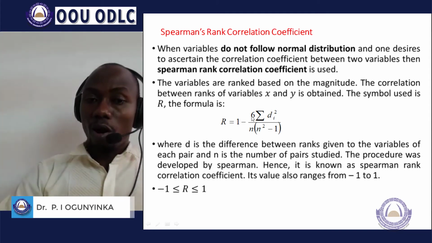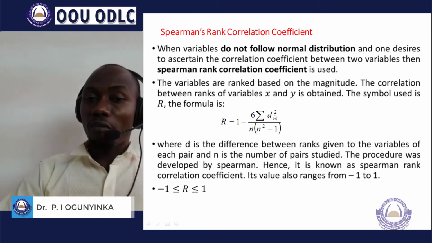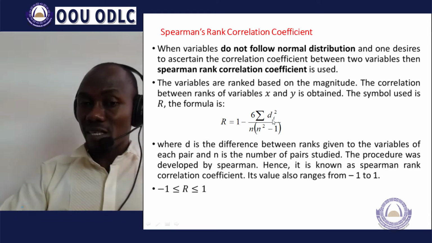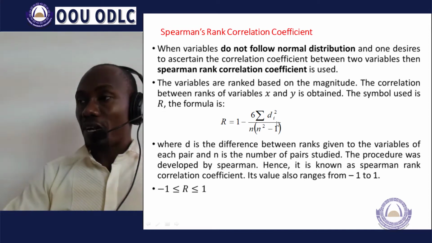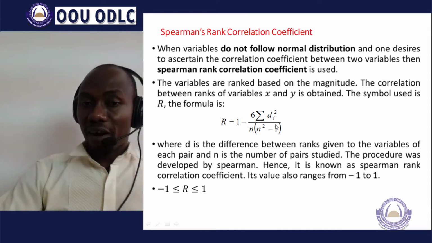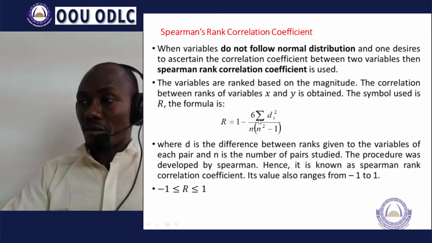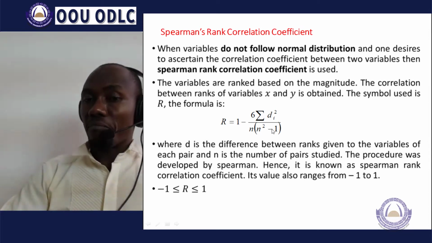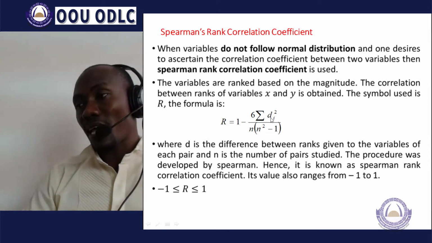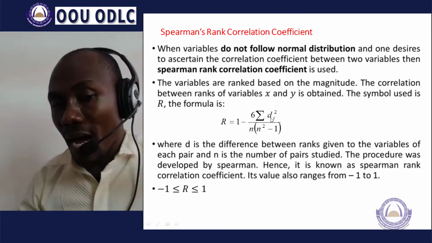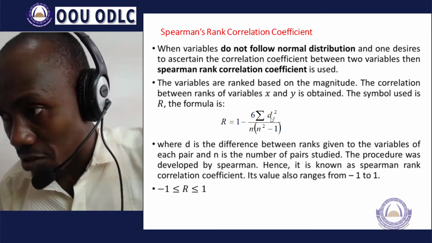the fraction of 6 multiplied by the summation of the square of the difference between the rank of the two variables under consideration, divided by the product of n and n squared minus 1. At the numerator here, D represents the difference between the rank of the two variables under consideration.